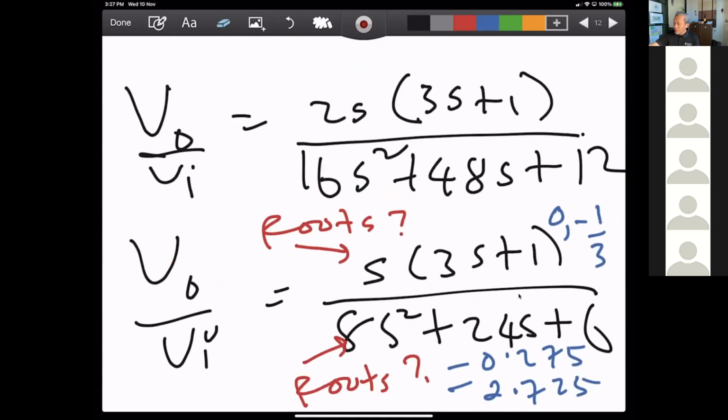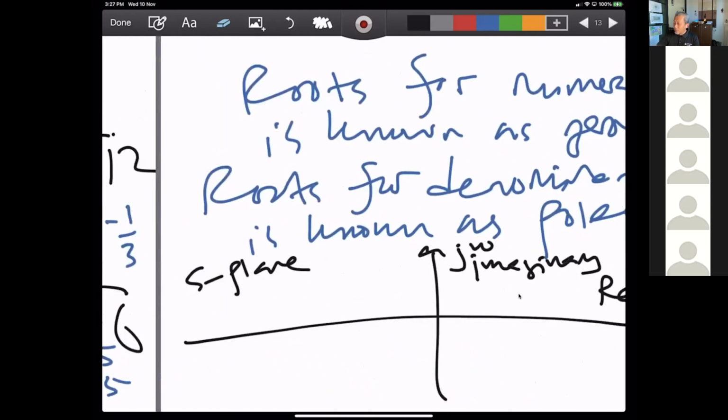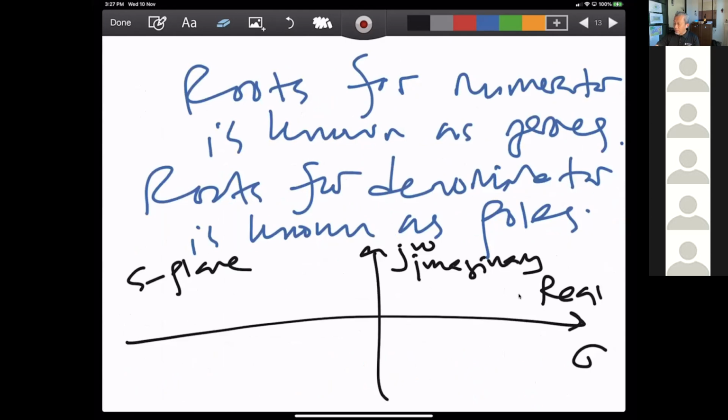Aisyah Soleha. Yes. The zeros are 0 and negative 1/3.